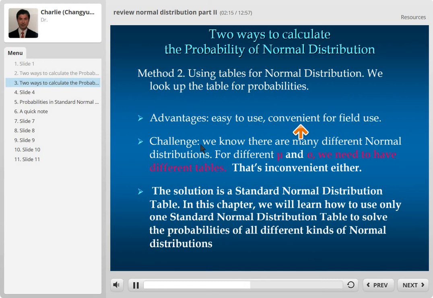That's not convenient either. So the solution is we're going to have a standard normal distribution table, and we will use this standard normal distribution table to solve the probabilities of all kinds of normal distributions.